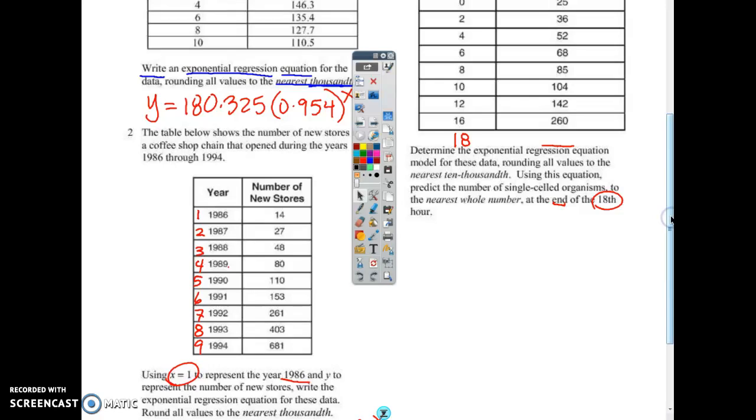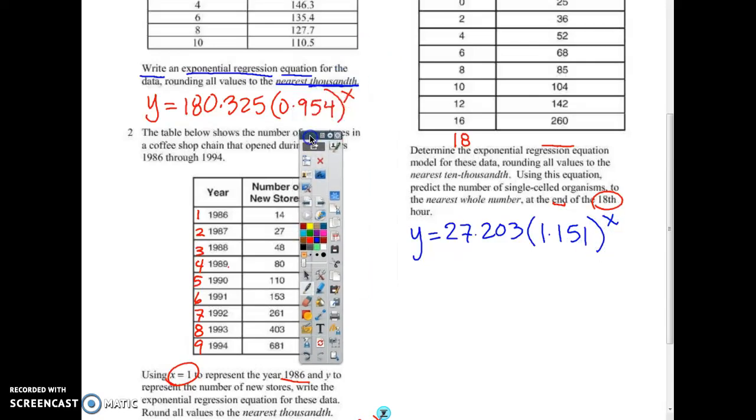So right here, we're going to write the formula: y equals 27.203, parentheses 1.151 to the power of x. Okay, so how am I going to figure out what happens at 18 hours?